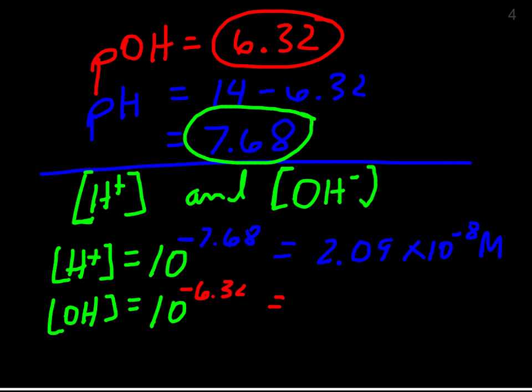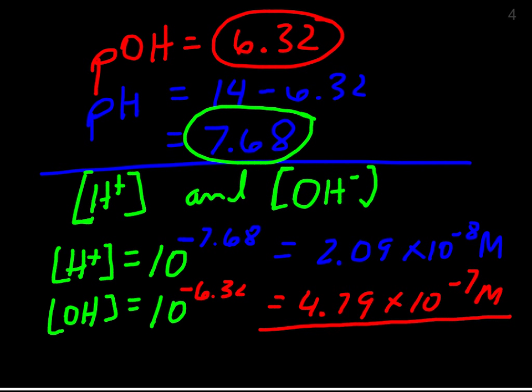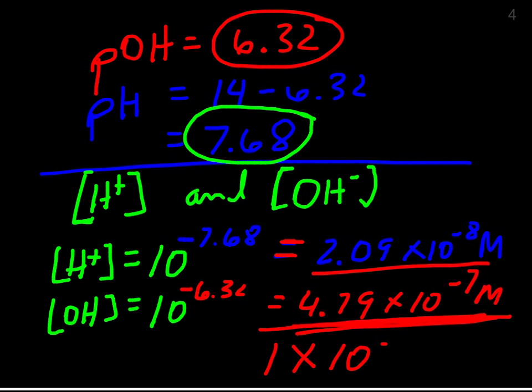When I do that, second log negative 6.32, I end up with 4.79 times 10 to the minus 7th molar. Alright? And one thing you should see is if I multiply these two together, you know what I'm going to get? Something on the order of 1 times 10 to the negative 14th. Alright? So try those.